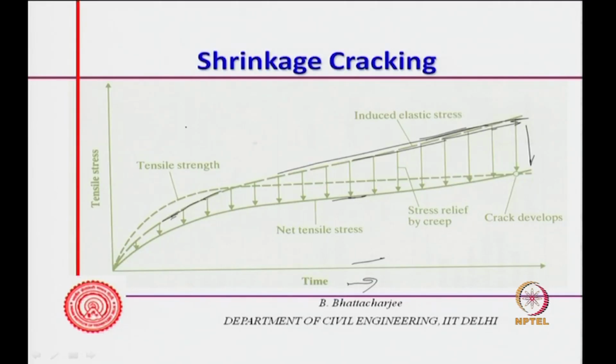For example, a long thin basement wall with no construction joint. The evaporation rate is higher, V by S, volume to surface area ratio: V is small, S is large, so V by S is small, thickness is less, and there the evaporation rate is high.